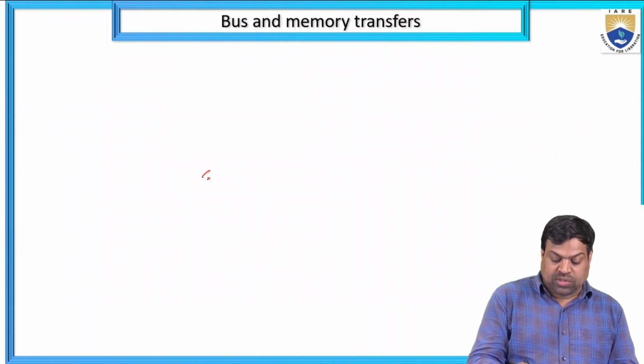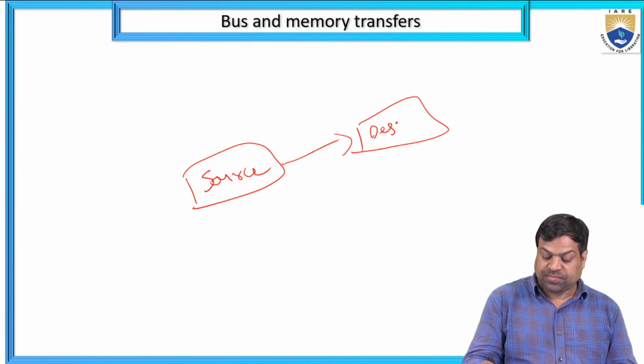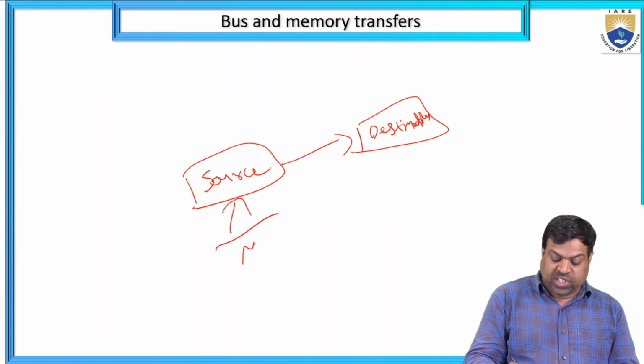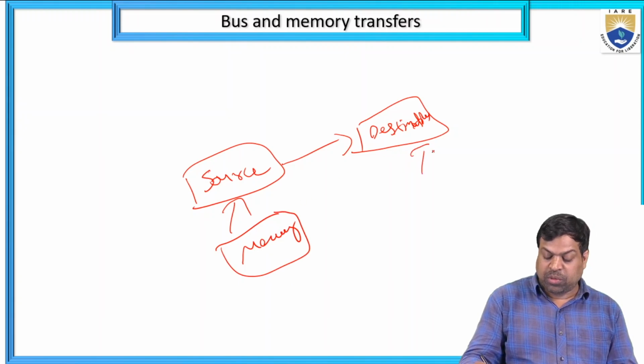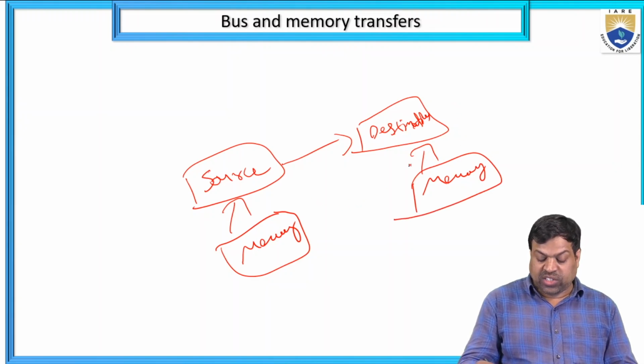So in the source to destination, source means it is also one memory unit, and the destination also we need some memory unit. Okay, so in the source to destination, in the memory, what is the particular address? There are so many slots there.